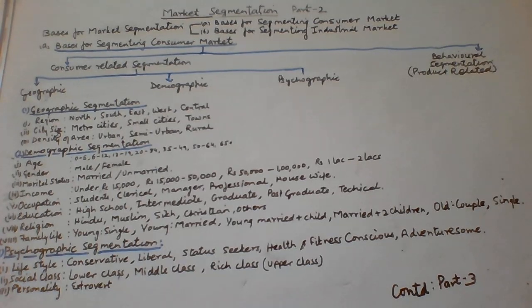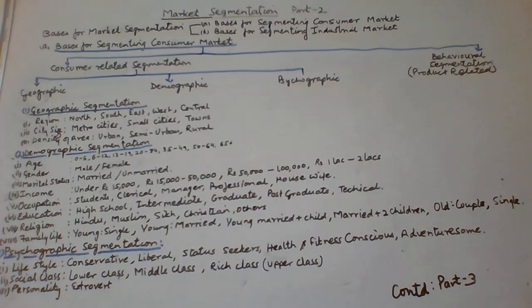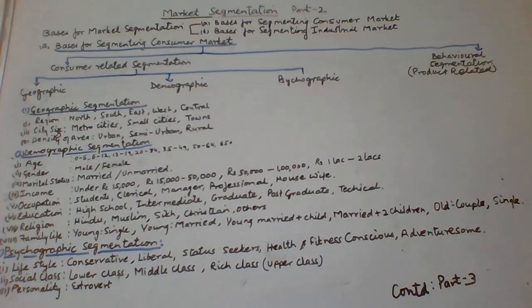Take lifestyle, for example. A person, in any income group, may be conservative, liberal, or a status seeker. There are people who buy products just to maintain their status in society, to look up to a particular group.